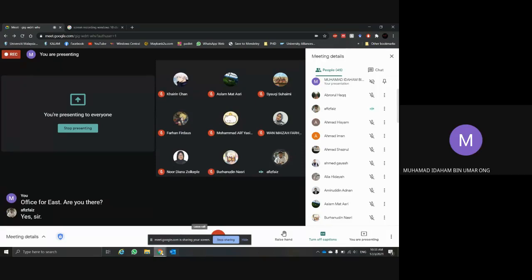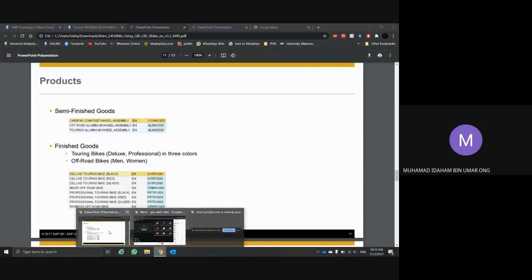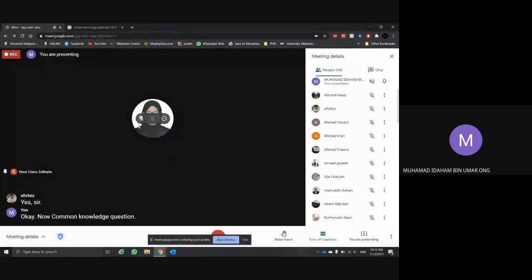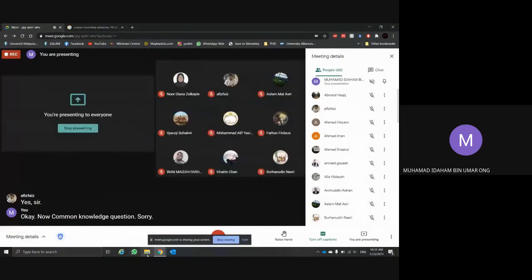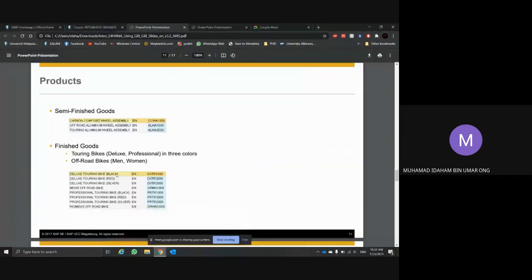Okay, now, common knowledge question. From these 2 bicycles, touring bike and off-road bike, which bicycle handle is wider? Off-road, sir. Okay, it's definitely off-road. My questions are quite easy. I just want to make sure that everyone is in front of the PC.